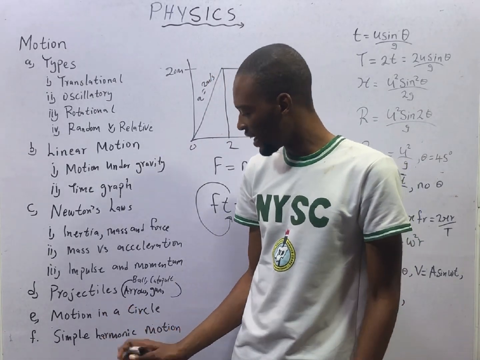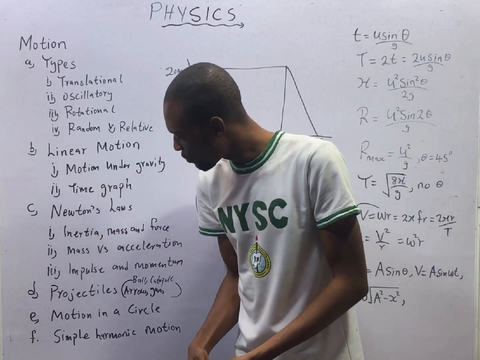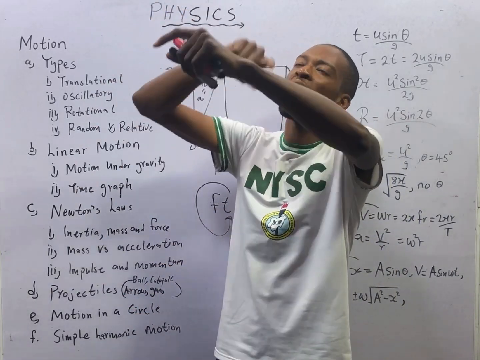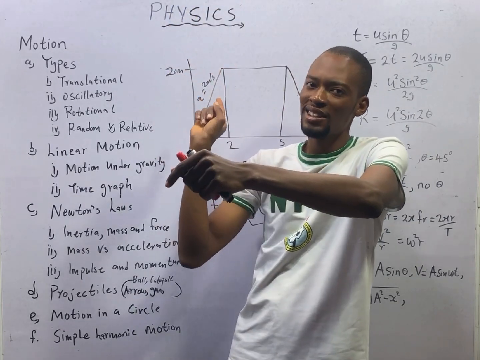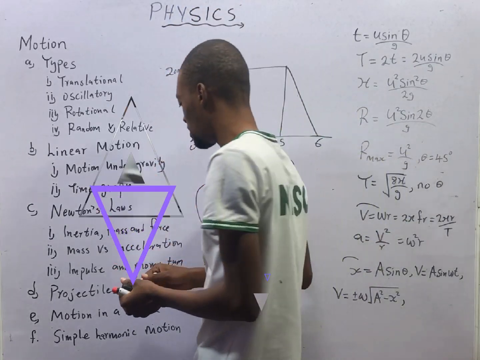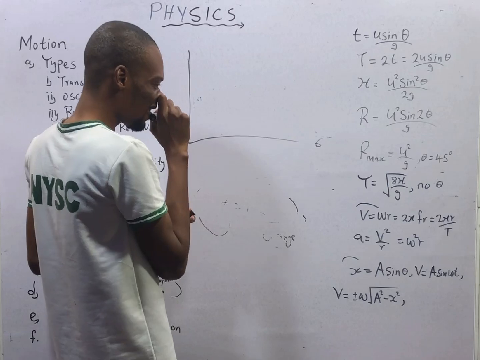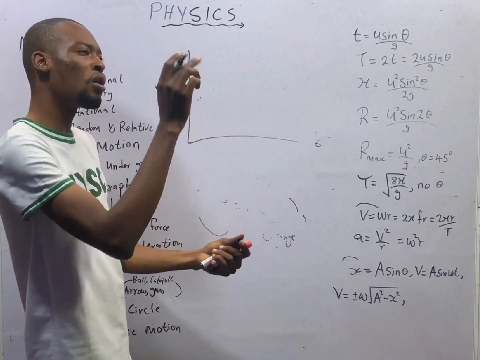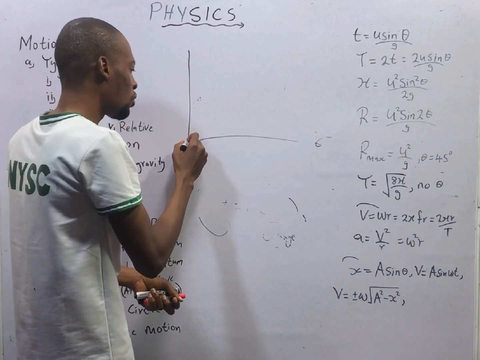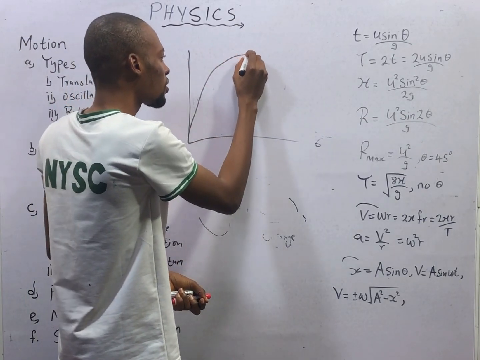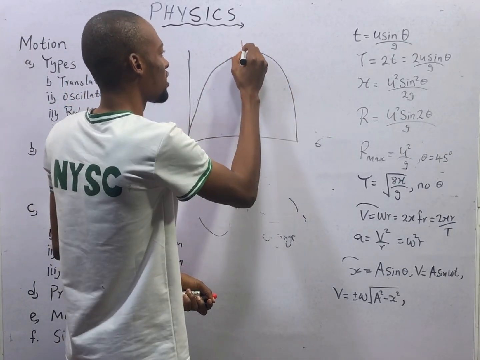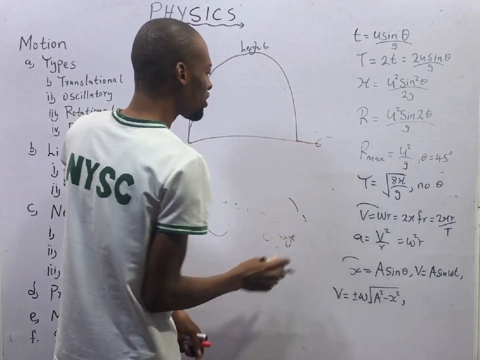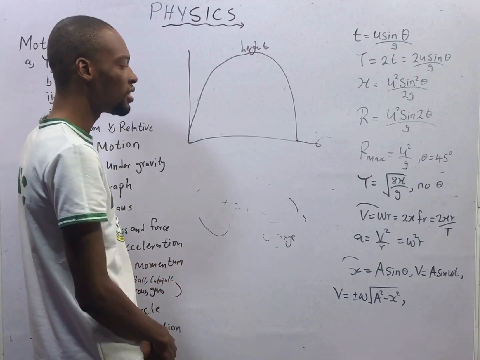Then projectiles. Projectiles are bodies launched and allowed to fall freely under gravity. Examples of projectiles are arrow, gun, ball, catapult launched. Once you launch this body and it gets to maximum height, and you allow it to fall freely under gravity, we say this is a projectile.